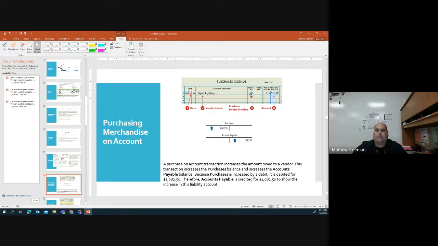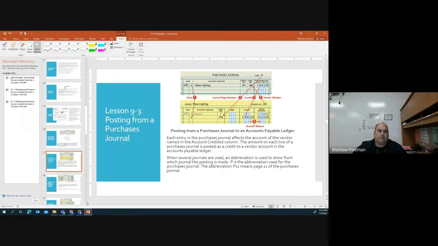So you're going to record the date, the purchasing company. Here's the purchase invoice number, and then here is the purchase on account, accounts payable for credit.